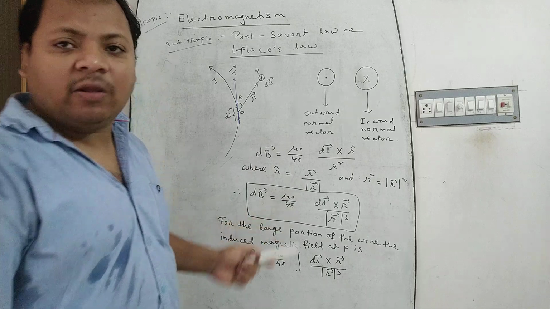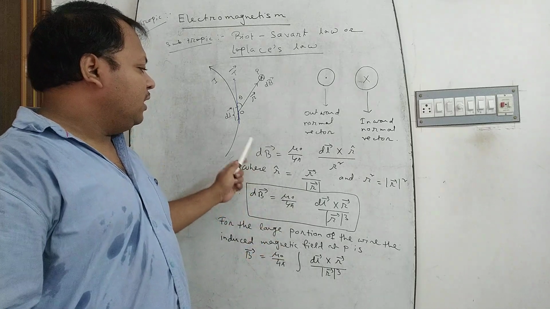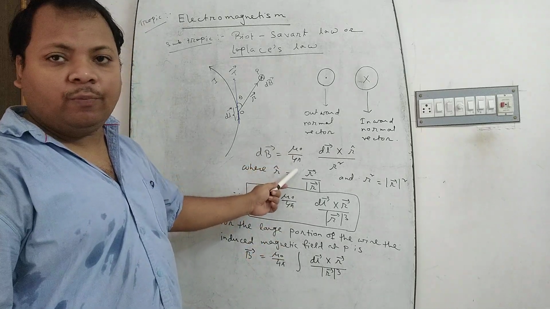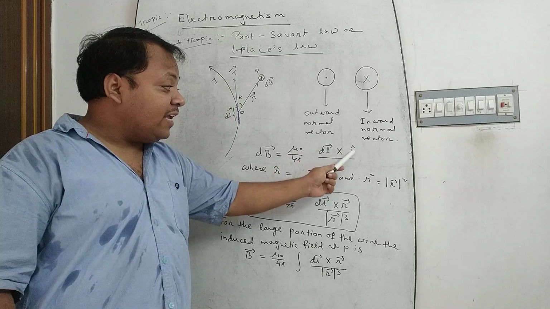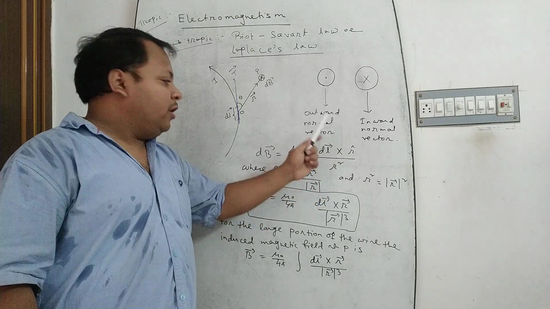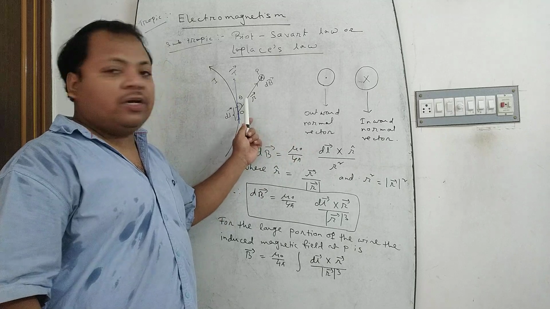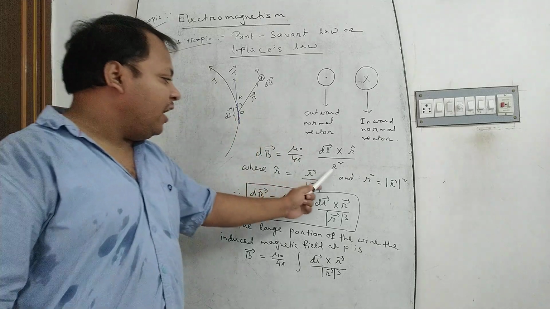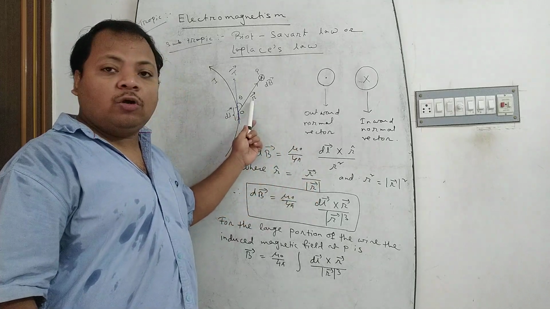Therefore, we can write the vector form of dB as dB is equal to mu 0 by 4 pi, dl cross r cap by r square. Here r cap is the unit vector of the r vector and r denotes the magnitude of the r vector.